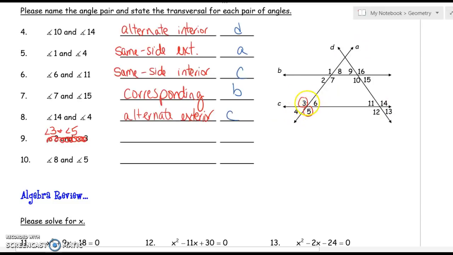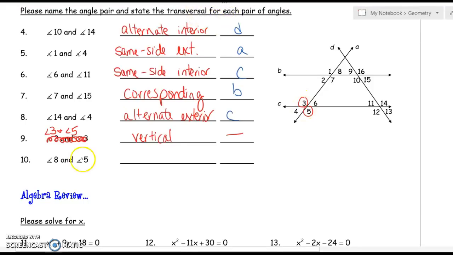This is not going to be one of those special types of angle pairs that we just learned about. 3 and 5 are directly across from each other. You should remember those are called vertical angles. When you have vertical angles, there is no transversal. So you don't have to worry about that. Just put like a dash or put none. There is no transversal when it comes to vertical angles.